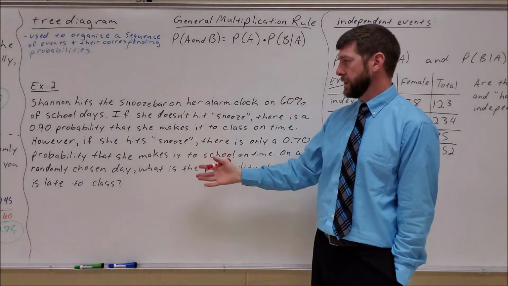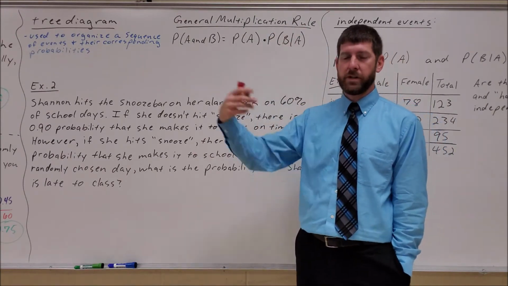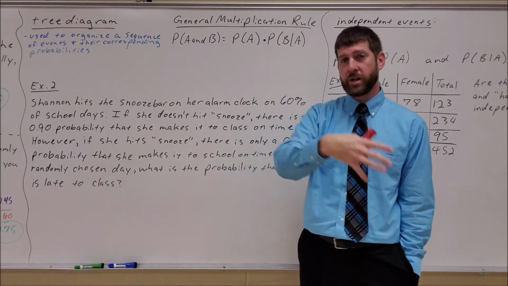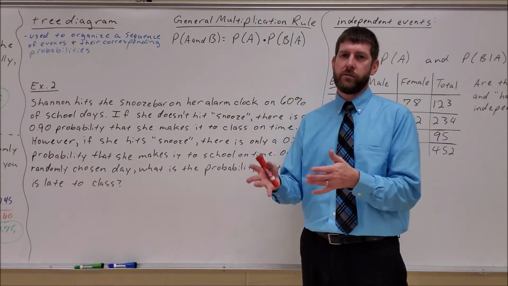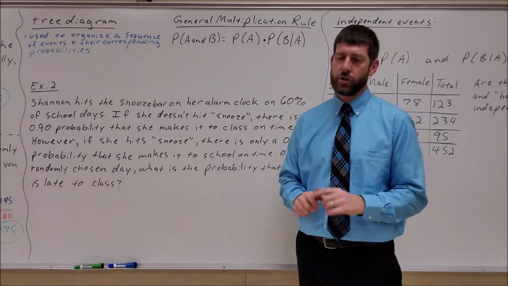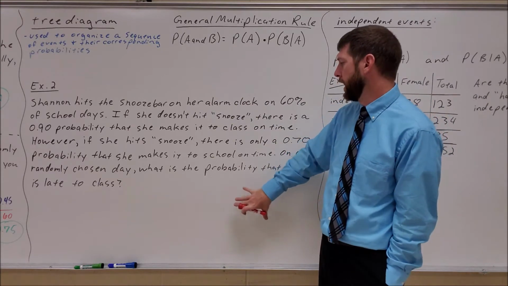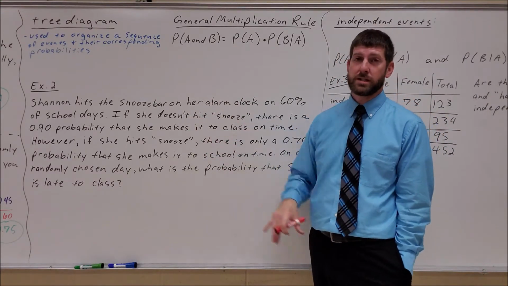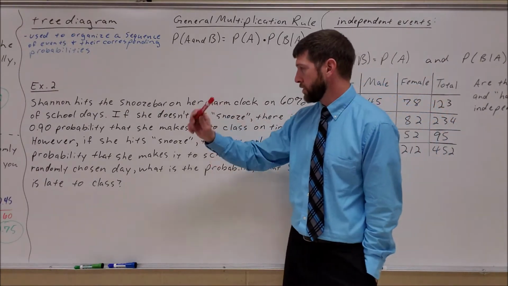In this problem, we're going to look at if one thing happens, what follows right after that. If something doesn't happen, what follows then after that. So we get this sequence of events and these corresponding probabilities. A tree diagram just helps us organize all of that. So let's talk through this problem and look at how to use a tree diagram to organize all of this information. So here's our example.